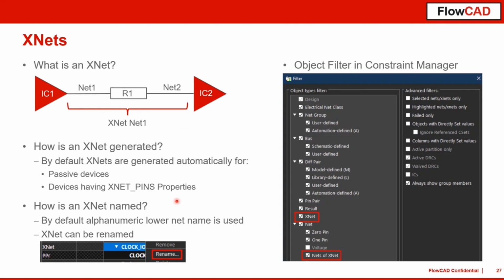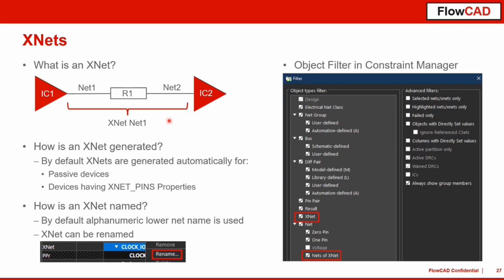Good, then a little bit bigger chapter is the extended nets topic. So what basically is an XNet, an extended net? It is in the end a net which is running through a component. You see here we have the driver, and the receiver on the right side. And these two nets, net 1 and net 2, form an XNet through this passive component R1.